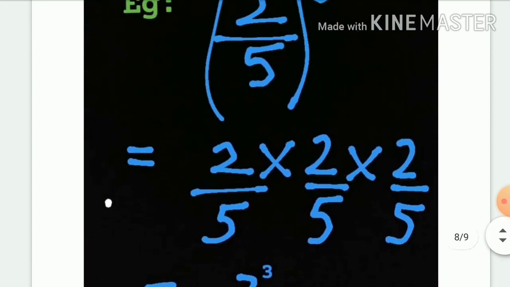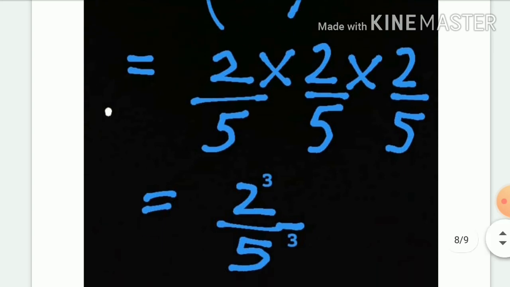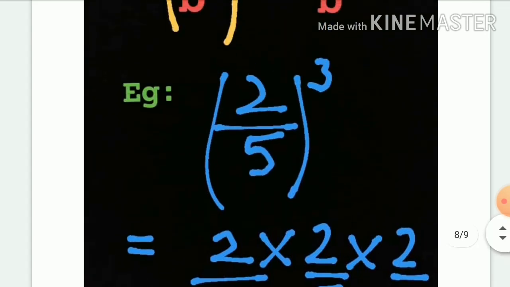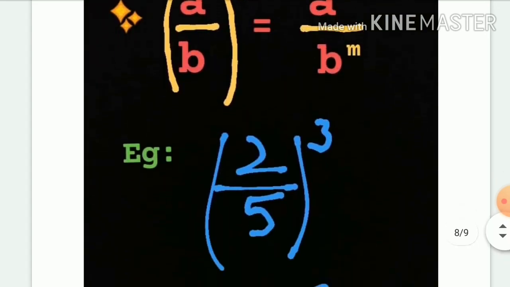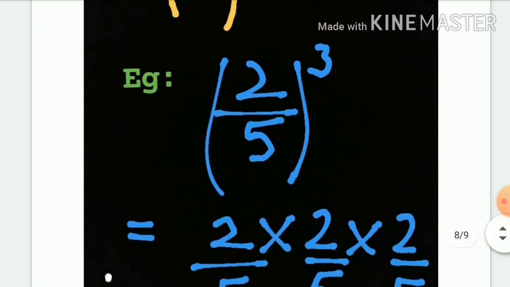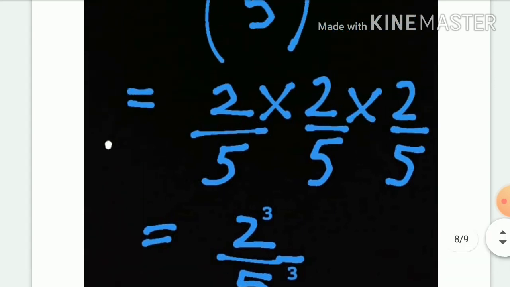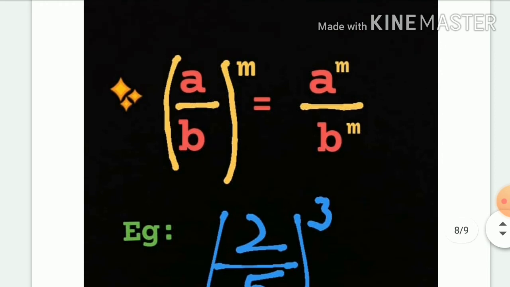So as you have observed, 3, which was the common index to both the numbers, goes individually to both the bases. So see here, 2 divided by 5 raised to the common index 3 results into 2 raised to 3 divided by 5 raised to 3. So this was the next law.